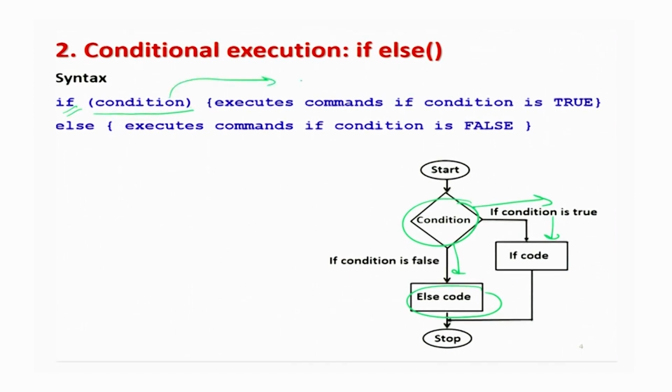In case the condition is true, then whatever you write just after this inside the curly brackets is going to be executed, and if this condition is false, then you write here else, and then write inside the brackets the code which is going to be evaluated in case the condition comes out to be false. And this is how this if else condition was working.